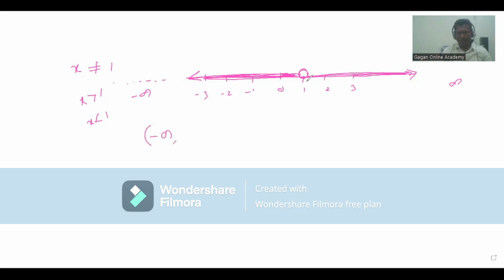Now up to 1, 1 must not be taken, so open bracket at 1. Again from 1, 1 is not included because here we don't have the shaded portion. So open 1 and infinity. For infinity what do we write? Open bracket. Here we must put the union symbol. So this is the notation for x not equal to 1. All the solutions of this inequality are present in this interval notation.